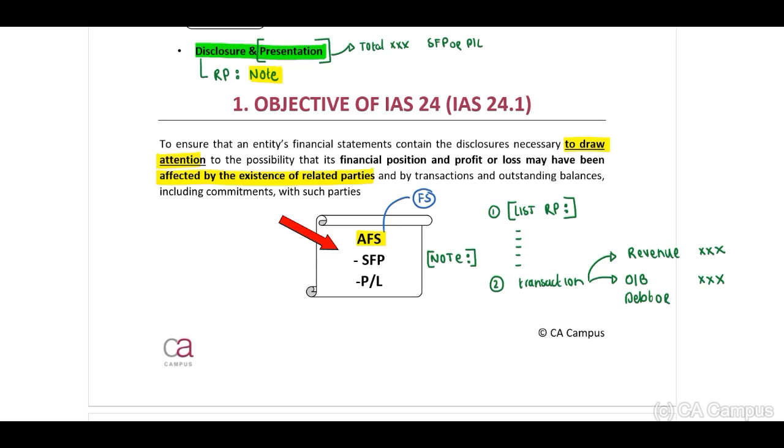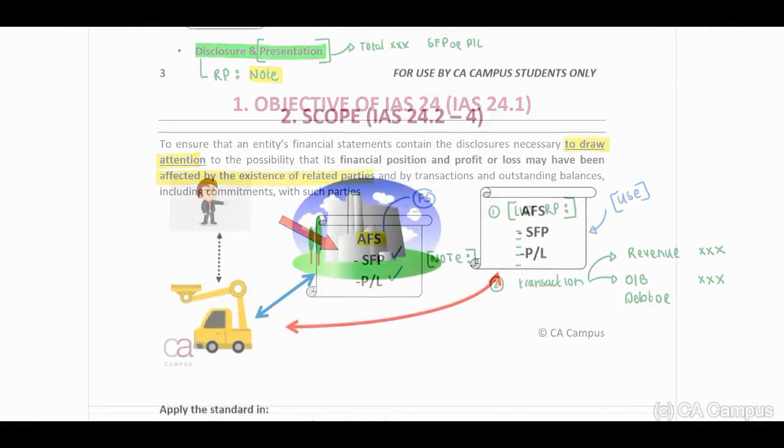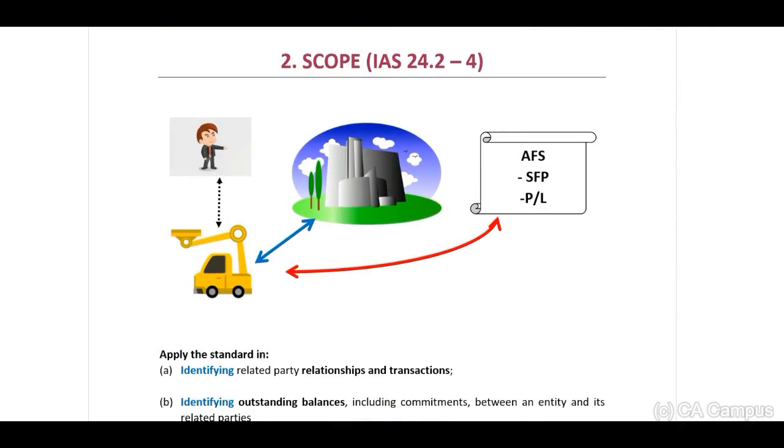Why? The users of your financial statements will be able to use this information to identify if they have a significant effect on either the statement of financial position or profit or loss.